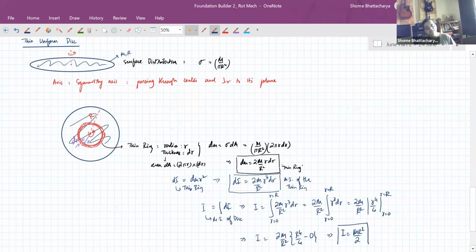So this is our next standard formula to remember. Moment of inertia of a thin disk about its symmetry axis.